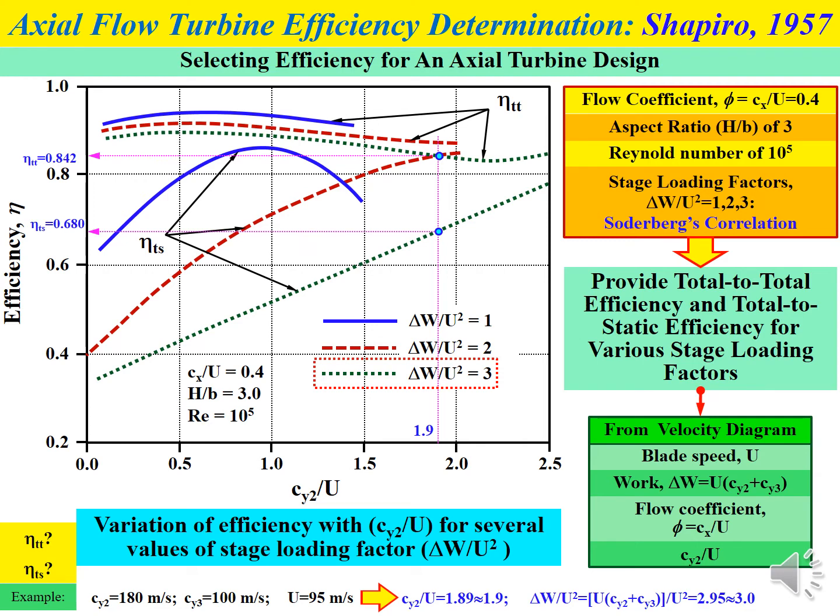We obtain the value of total to static efficiency, which is equal to 0.680. So that's how we can use the graph obtained by Shapiro 1957 to determine the efficiency for the axial flow turbine.